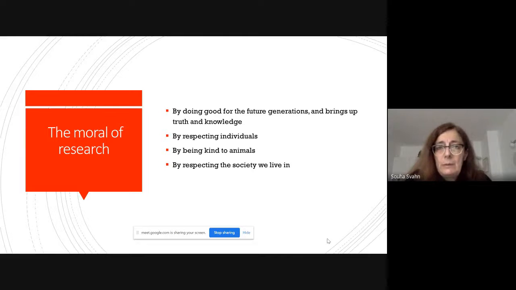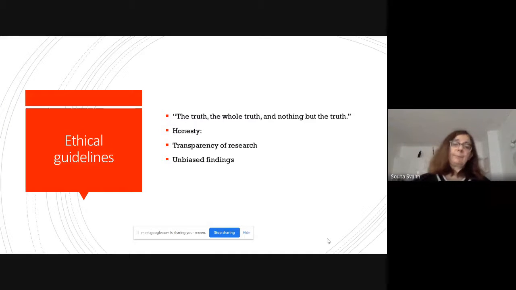Respect is important. And of course, in research, we need to respect the individual we are working with, not only the samples. You have also a team, especially in the scientific laboratories. You are working with a team all together. And after, we will be seeing more points about it.